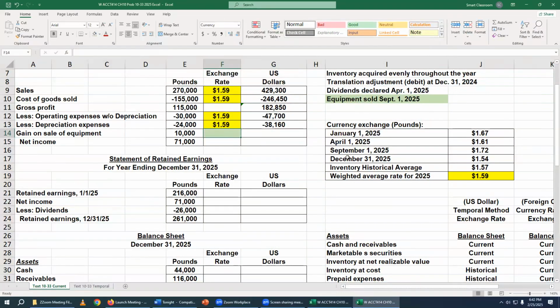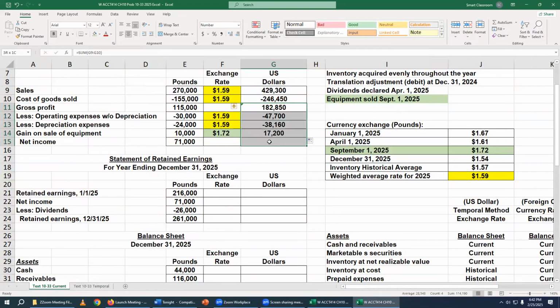Okay, so let's take a look here. So this is on September 1st. My eyes are all wickety whack. I can hardly see this thing. Okay. And so this would be our gain.